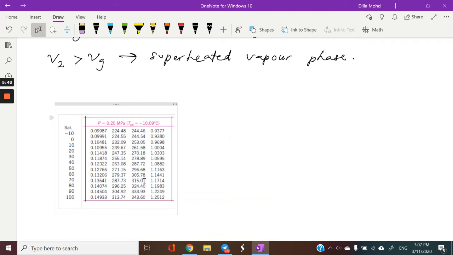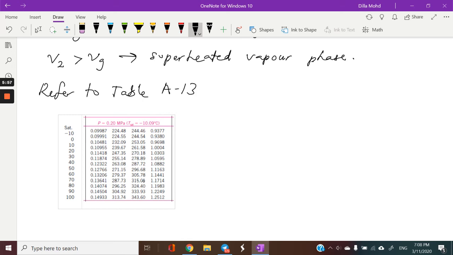If you have a superheated vapor, you need to refer to table A13. So let's go to table A13.